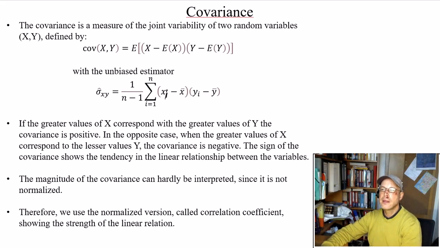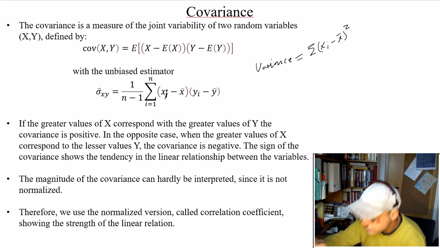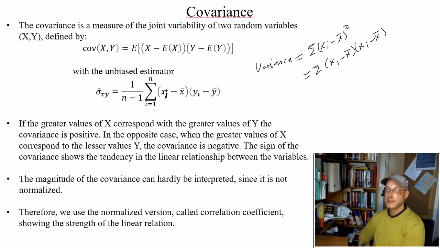And remember the variance? This was just defined as xi minus x bar squared, and this is the same as xi minus x bar times xi minus x bar.